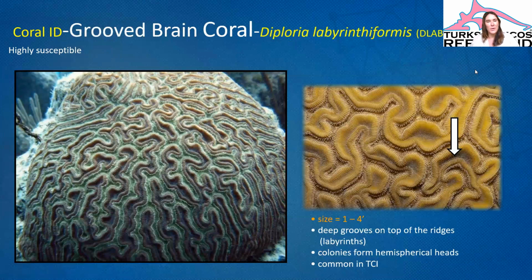Okay, our second brain coral is Diploria labyrinthiformis, D-lab, or grooved brain coral. Now, very distinct to CNAT. This one's quite easy, I believe, because basically at the top of the ridges, it goes right back down. Grooved brain corals have a very deep groove on the top of their ridges, also known as labyrinths.